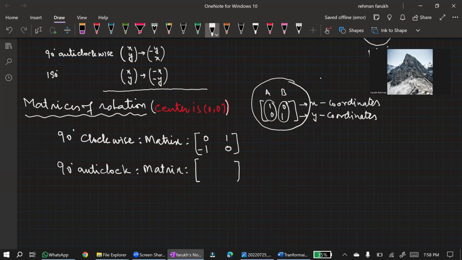We will interchange the coordinates for A and change the sign of y. Now we will interchange the coordinates of B and change the sign of the y coordinate.